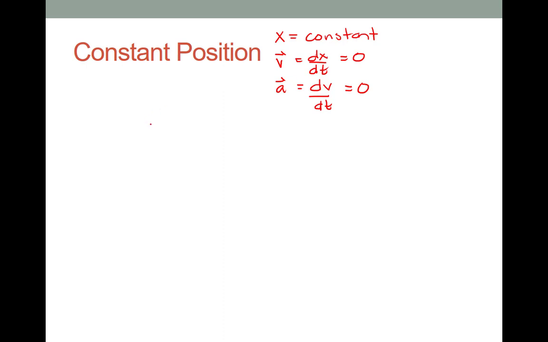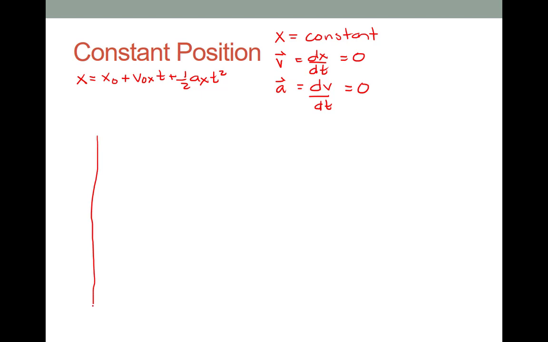We can get that same result from the constant acceleration equations. Namely, if we look at this one, if position is constant, then x will equal x naught. There's no velocity, so v naught x is 0, a sub x is 0.